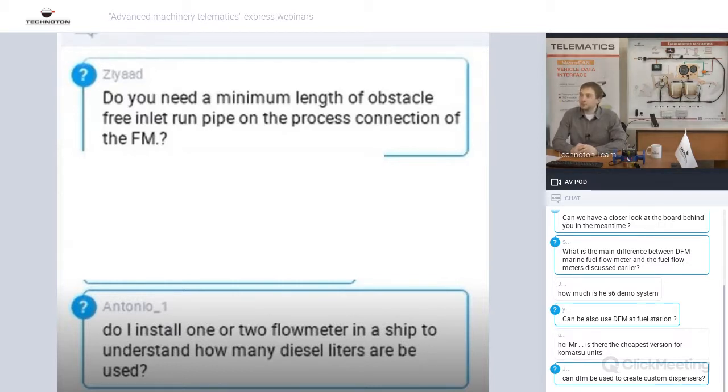You also need to analyze the filtration system and the booster pump, like in the last project that we discussed in Adriatic.